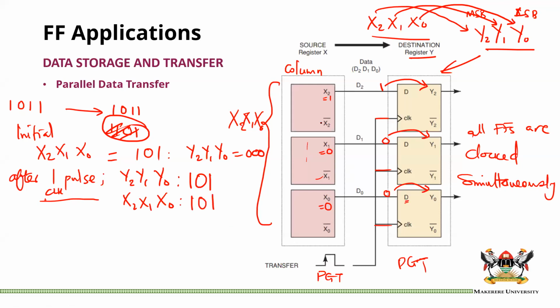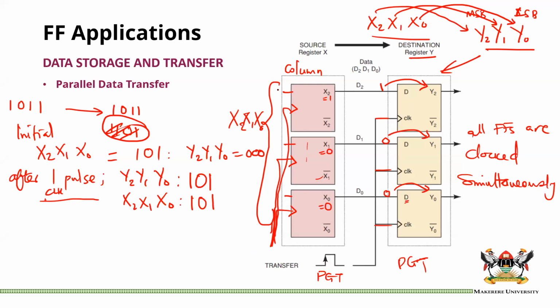And there can't be nothing there because the information wasn't deleted. By transferring information, you're not deleting it. Remember, the information here will stay. It's just a copy of it that has been transferred here. The reason why it stays is that these are not clocked. If these were clocked together, then the information at their inputs would have actually replaced that one.